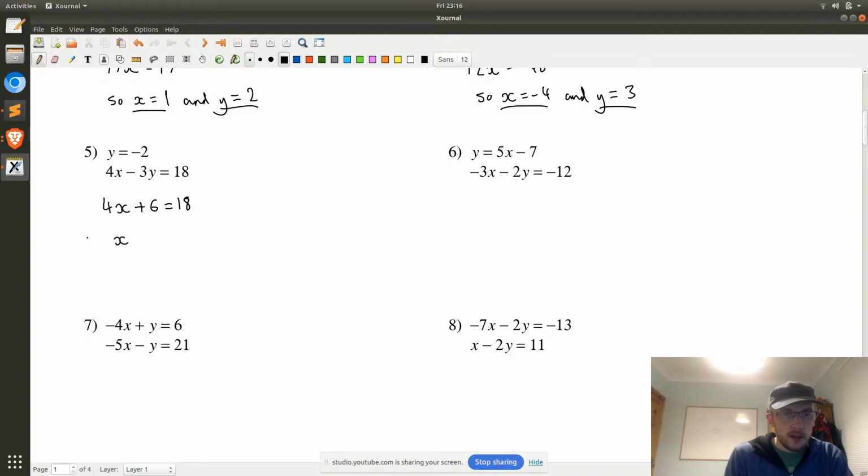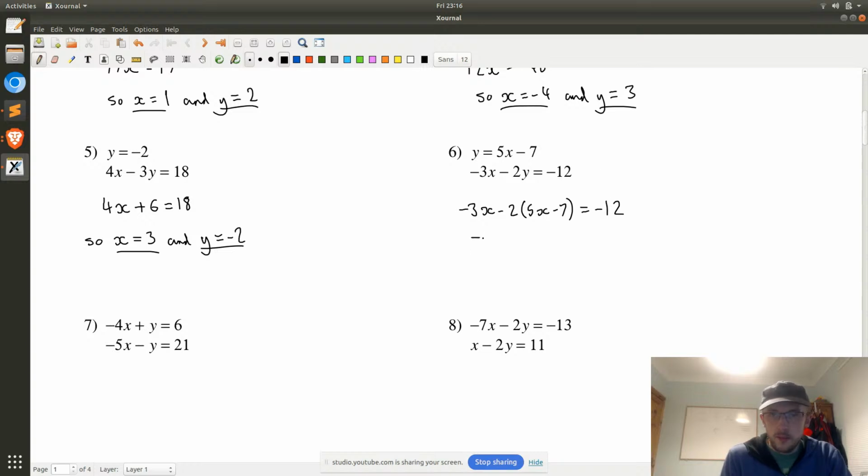So x must be 3, and y is -2, is it not? Take 7. So x is and y is 3.